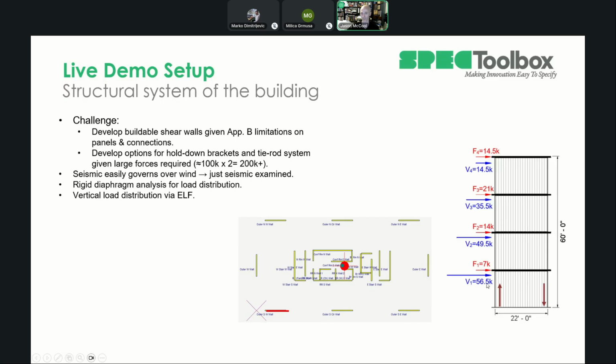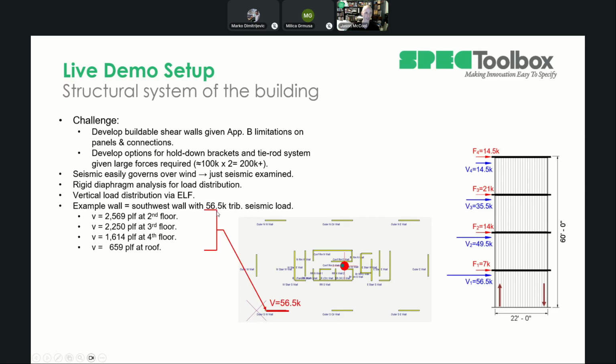So I've got 56.5 kips of storey shear there at my second level, and then that breaks down into these uniform loads at each level. So you'll see that already put into my calculator entry there. And then I'm using 0.025 for my drift ratio per SE7.